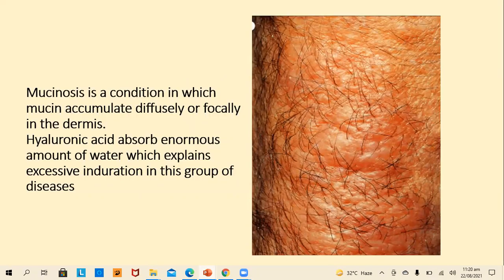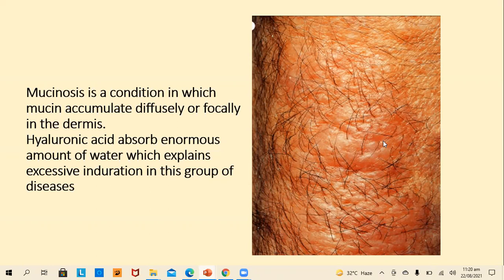Mucinosis is a condition in which mucin accumulates diffusely or focally in the dermis. As the name signifies, mucinosis means deposition of mucin, either diffusely or focally within the dermis.